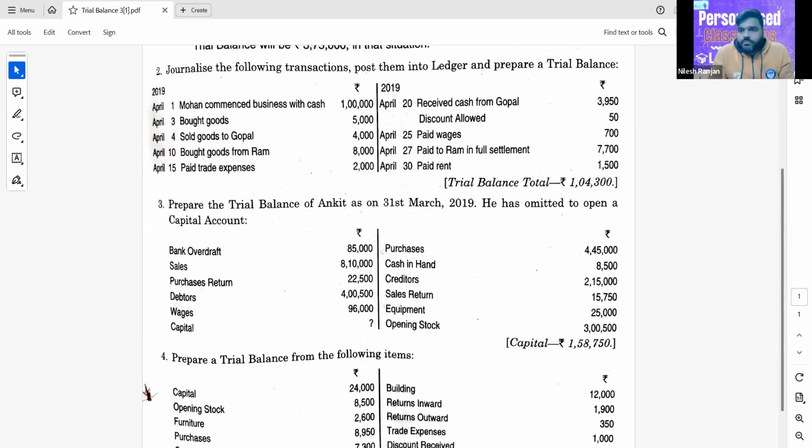Oh, okay. So that's why we are writing discount allowed account, which means discount is given by us to someone. Okay. Then I'll write it, 1 minute, sir.